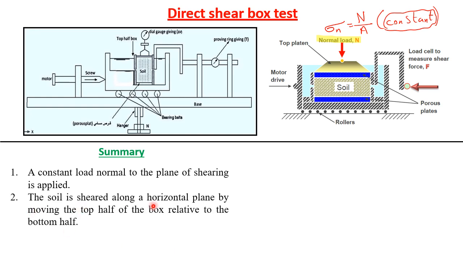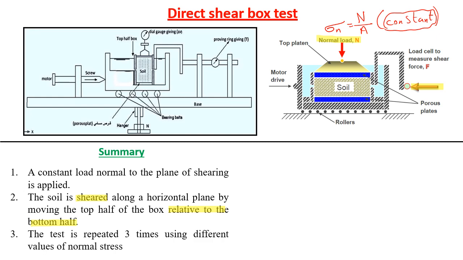In the second step, the soil is sheared horizontally by applying a horizontal force on the upper box, which is allowed to move in the horizontal direction. So the upper box will move relative to the bottom one. Then the shear force, the horizontal force, is increased up to failure.